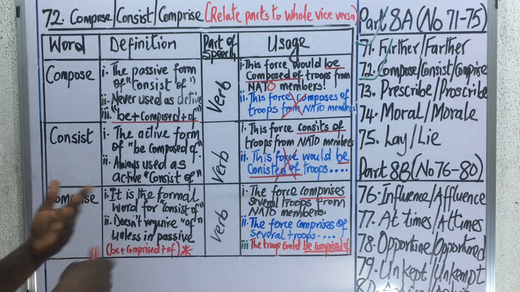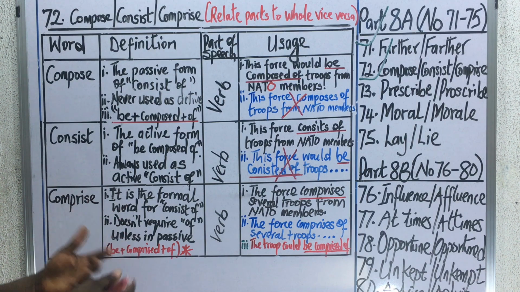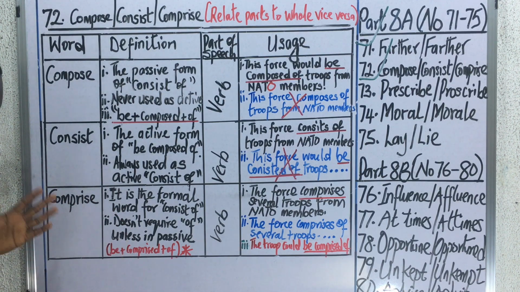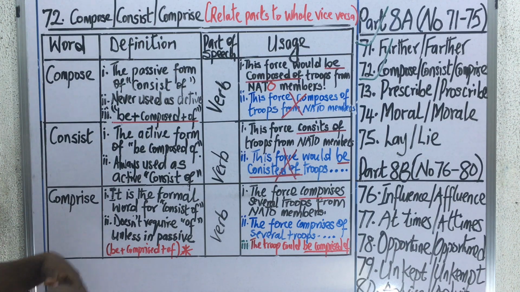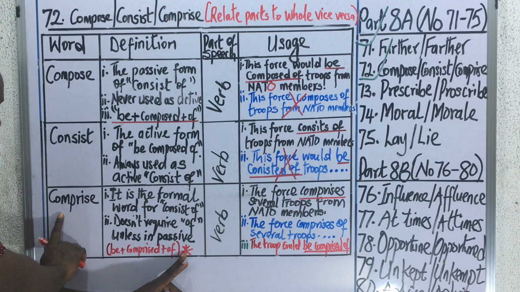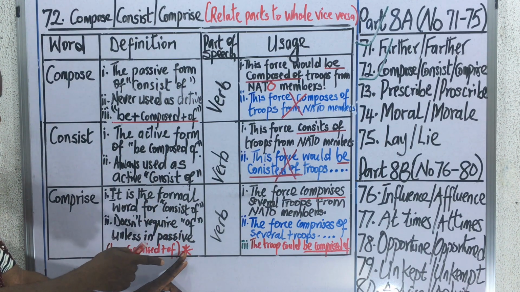That is, it's just in modern English. Modern linguists are trying to develop the fact that comprise can be used as passive. Okay, so that is why we have this asterisk there, that to use these words in the passive form is highly debatable. Okay, but the possibility is there.